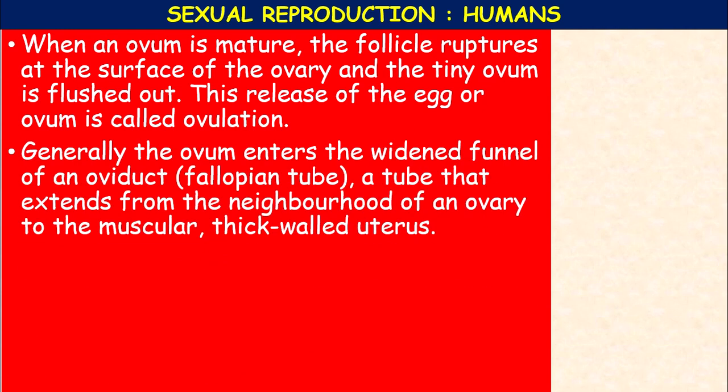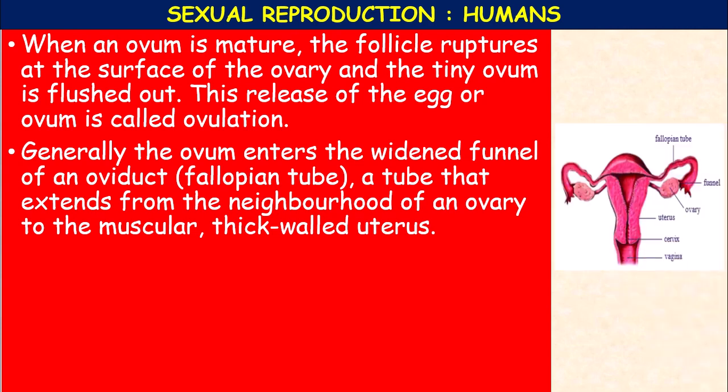Funnel, oviduct, the fallopian tube, and a thick-walled tube that extends from the neighborhood of an ovary, okay, like this. When the ovary matures, the follicle, that is mature Graafian follicle, releases an ovum by a process called ovulation.